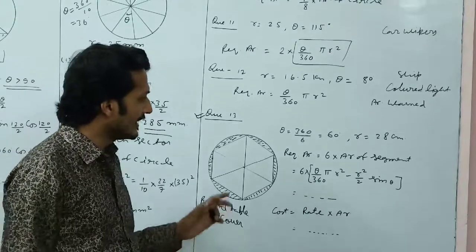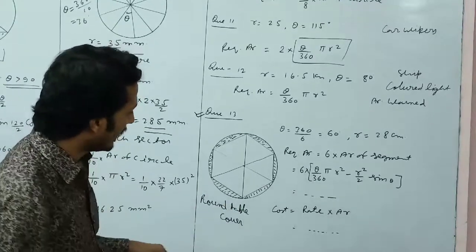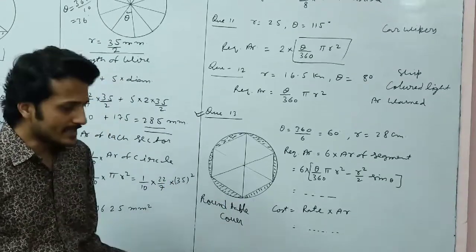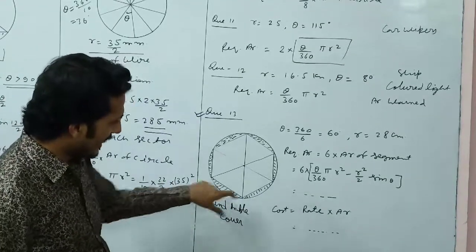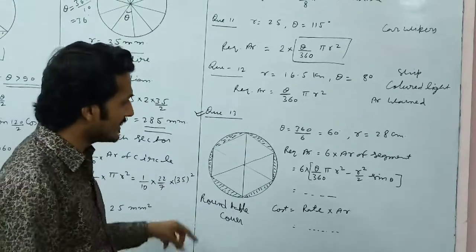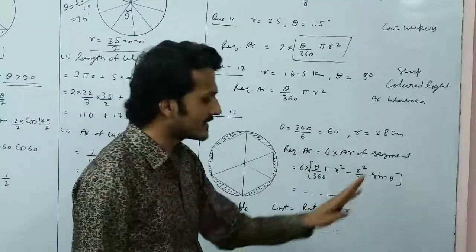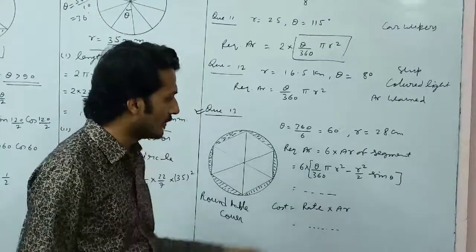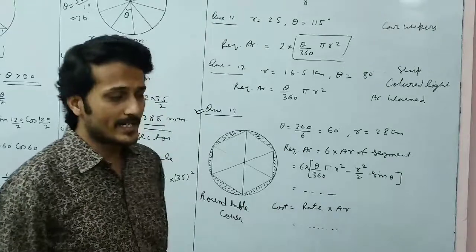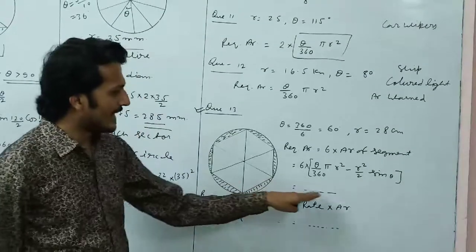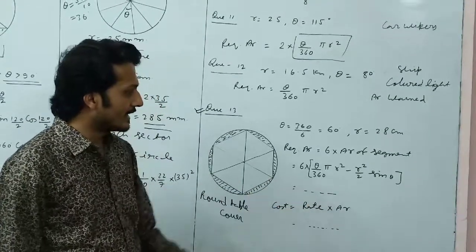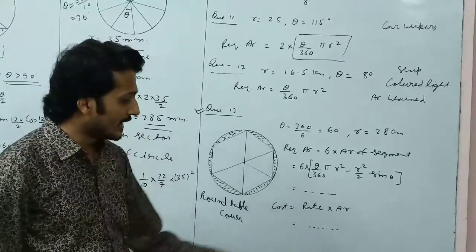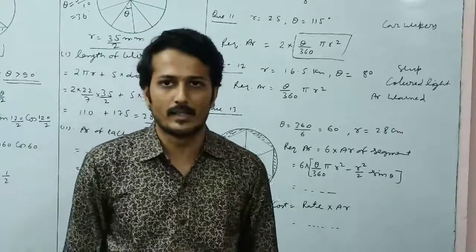First of all we need to find the area, and for that we can observe that one of the shaded parts is a segment, and there are 6 equal parts, so the required area is equal to 6 into area of segment. So 6 into theta upon 360 pi r square minus r square upon 2 sin theta. Now by putting the values we can get the required area, and we know that cost equals rate into area. So by putting the values we will get the required result. Thank you.